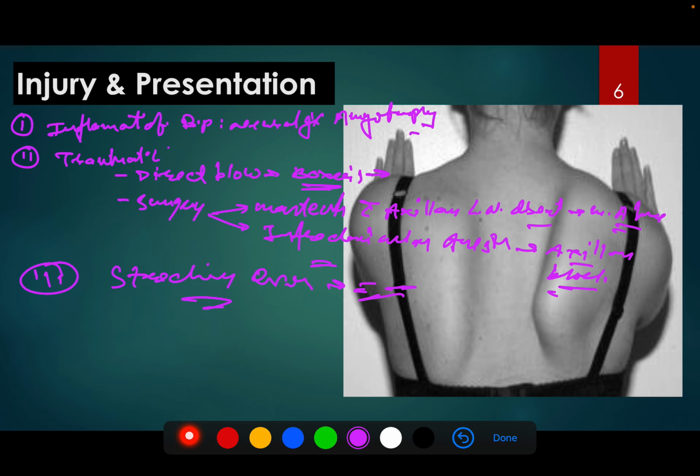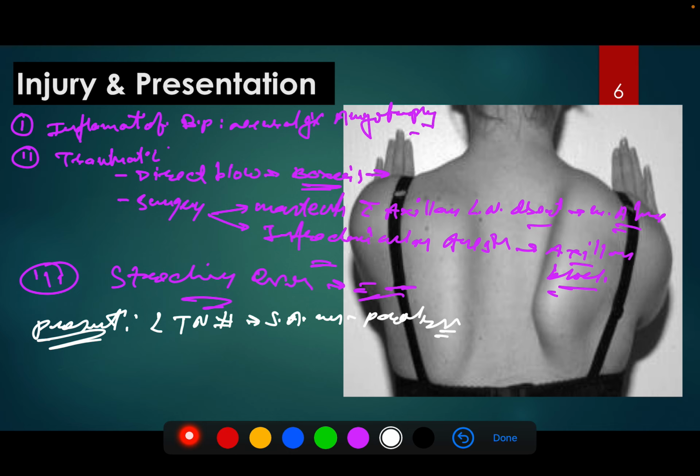So when my long thoracic nerve is injured, what's the presentation? The presentation is that long thoracic nerve injury causes the serratus anterior muscle paralysis, right? We can see serratus anterior muscle is coming from the medial border of my scapula, and this serratus anterior muscle is pulling my scapula forward, right?